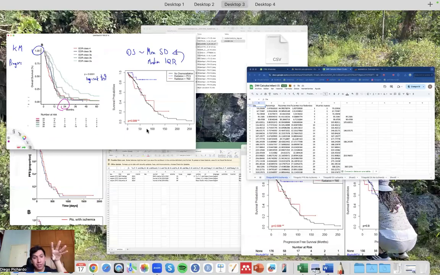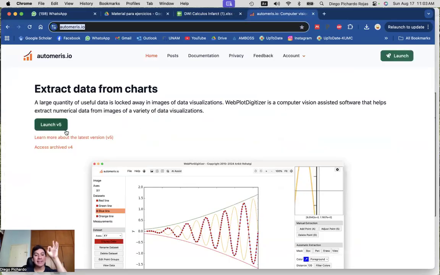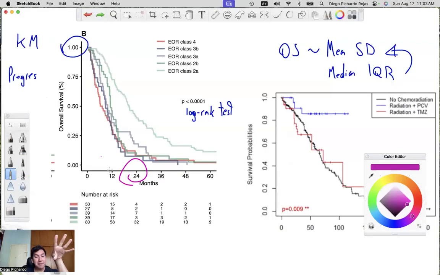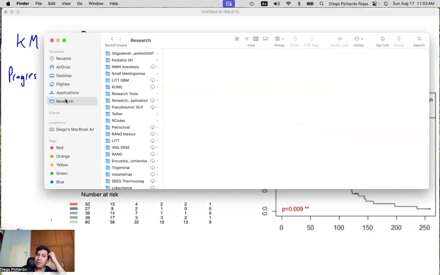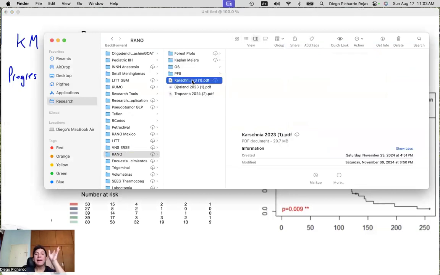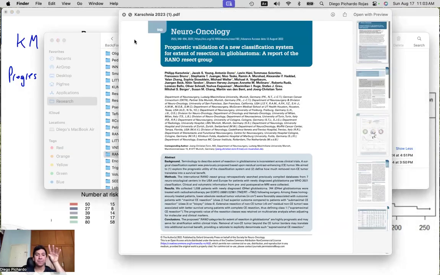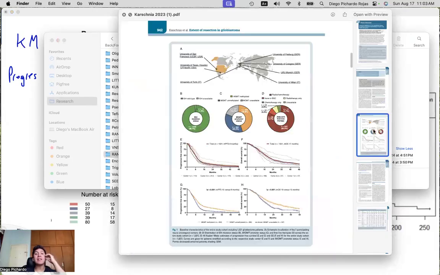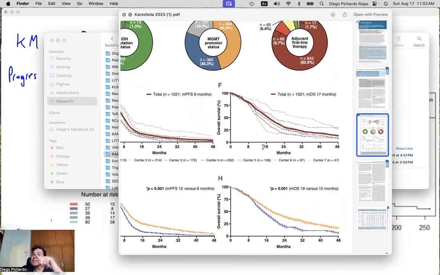What I'm going to show you is how to extract data from these types of Kaplan-Meier curves. Because imagine the problem that we came upon a few months ago. Imagine that we had three studies that all gave us Kaplan-Meier curves, but they didn't give us a mean and standard deviation.